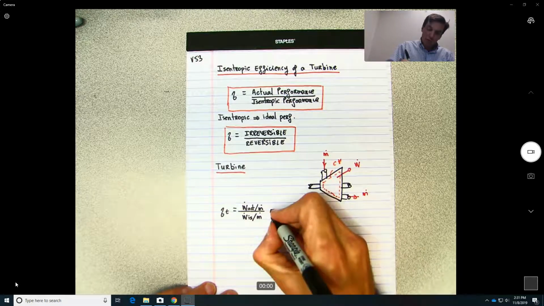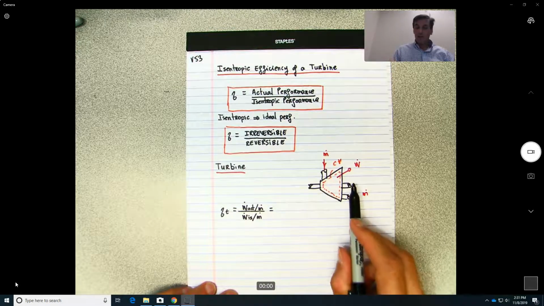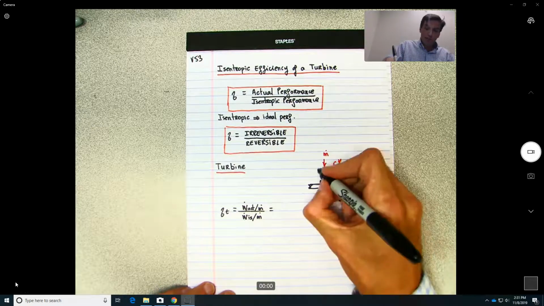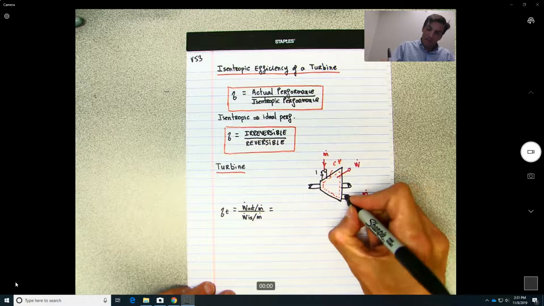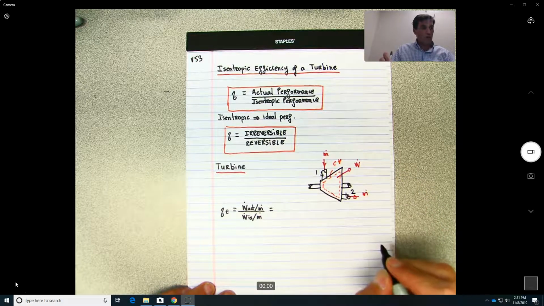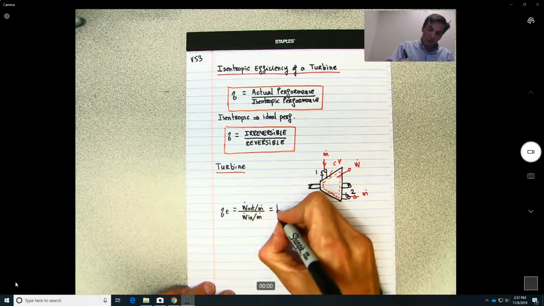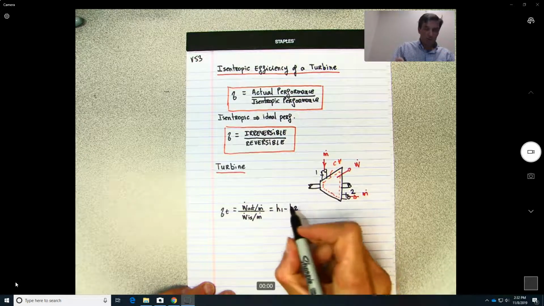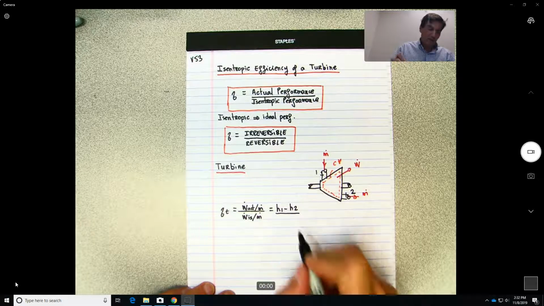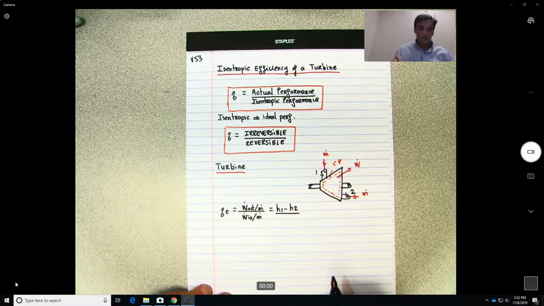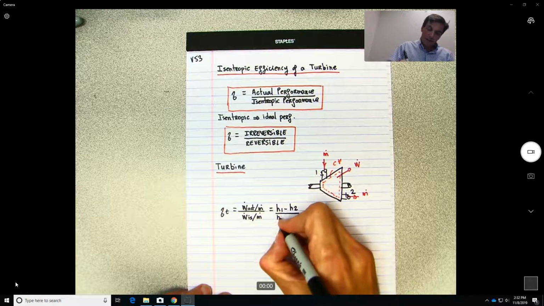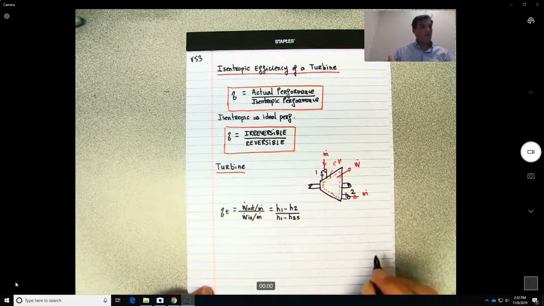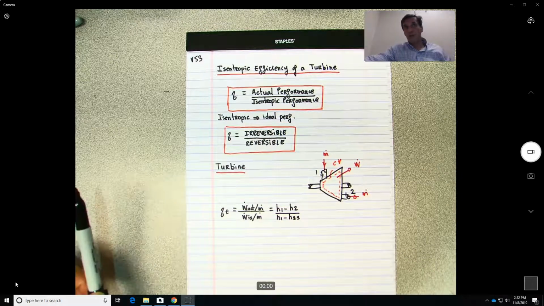Okay. So what should be the actual work? If there is no loss of any form, and this is, let's say, 1 and 2, the work should be equal to H1 minus H2, and this should be divided by H1 minus, in the ideal case, H2S, where nothing is lost.